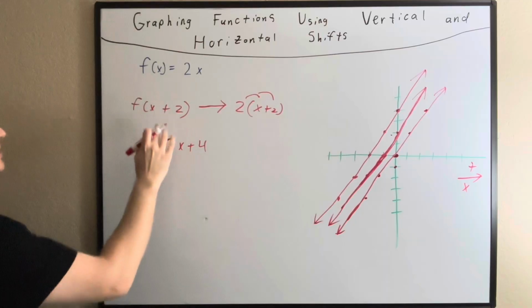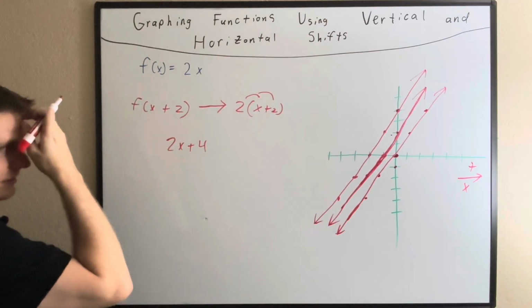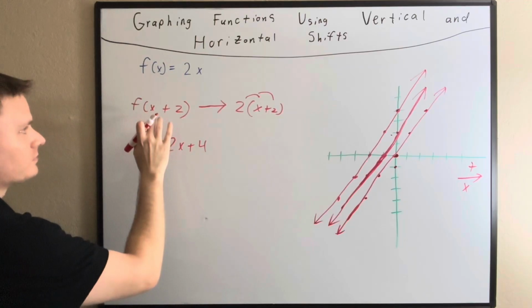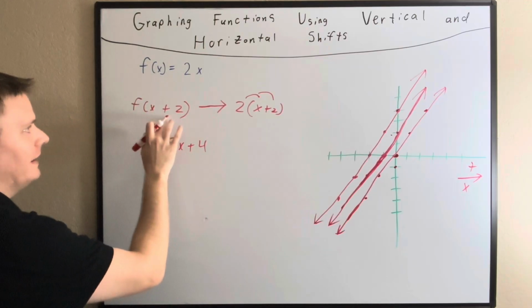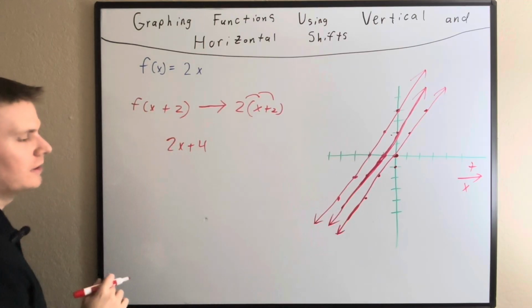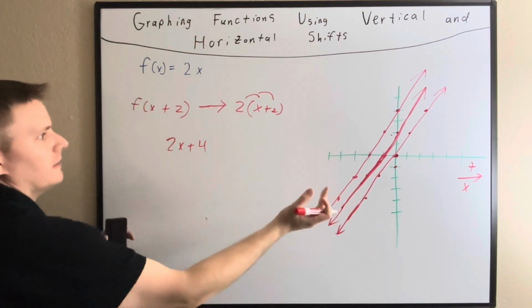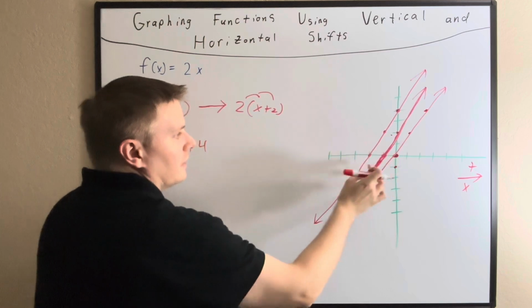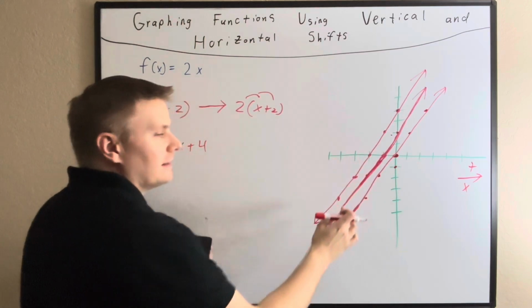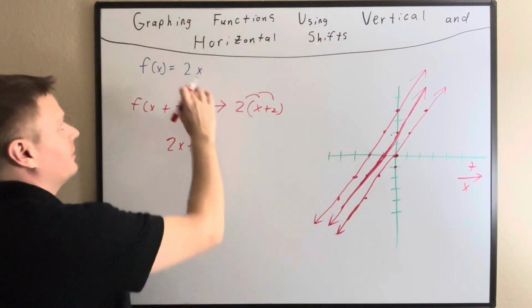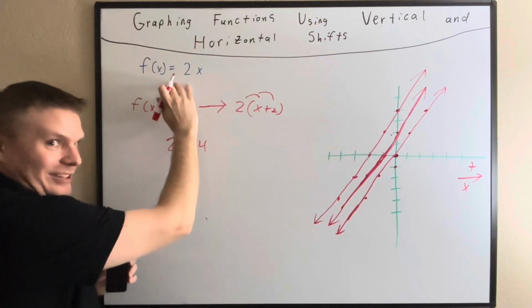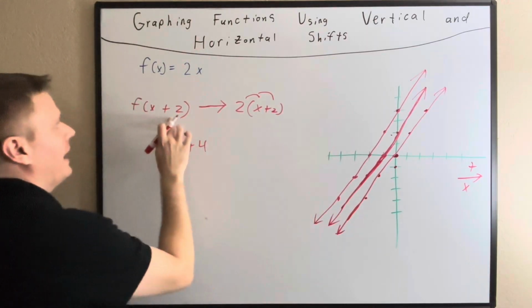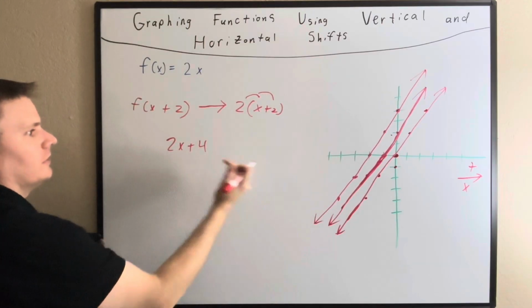But it's not the way we should shift, because when we add to the input, we're kind of saying that our original input is 2 units less than the original input. So when you add, you go to the left.